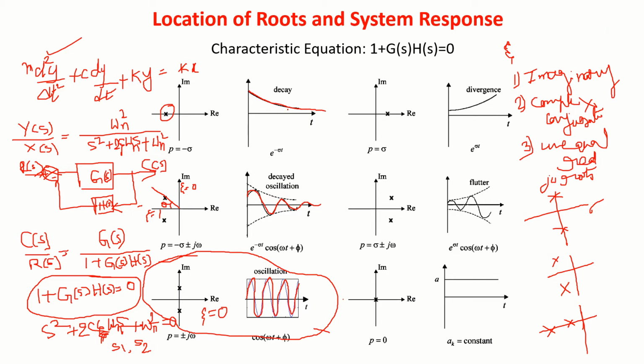If I put zeta equal to 1, you are going to get two equal real roots, so gradually it will decay down and finally it will touch this line. In all these cases, you can observe that the roots are on the left hand side of S plane. So gradually the output will settle down.